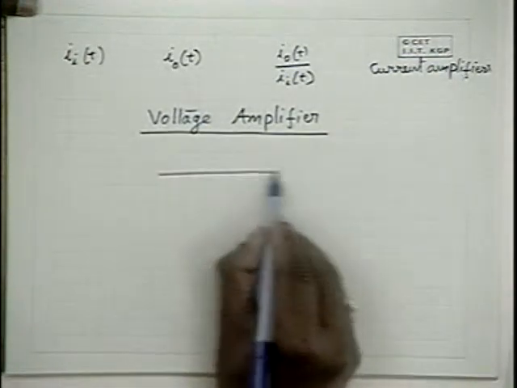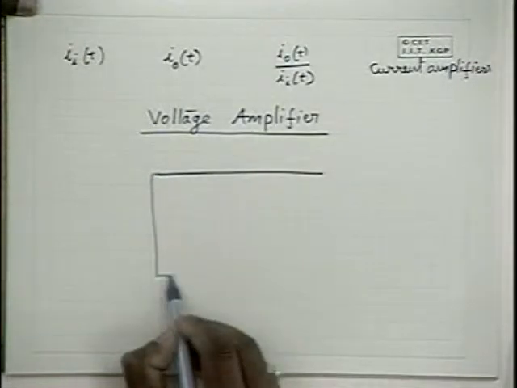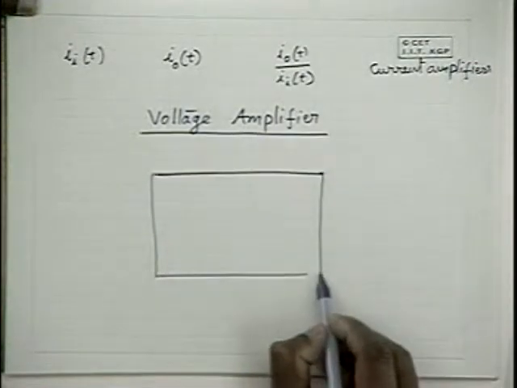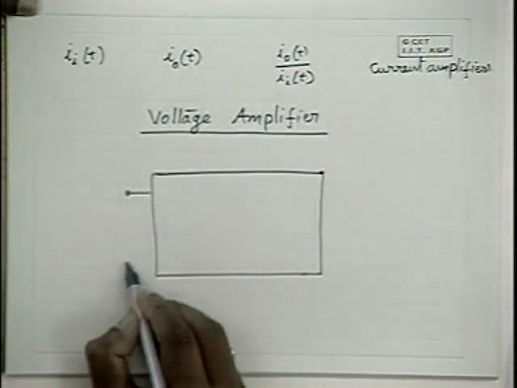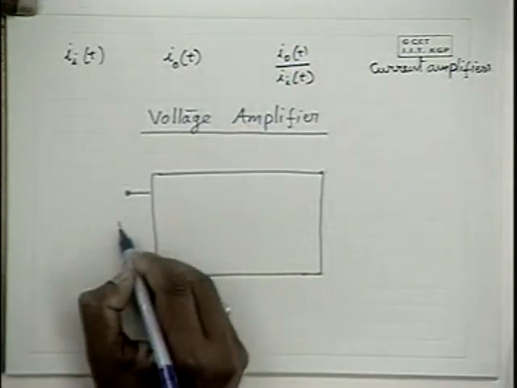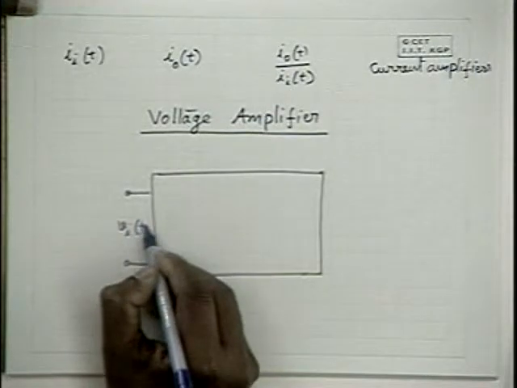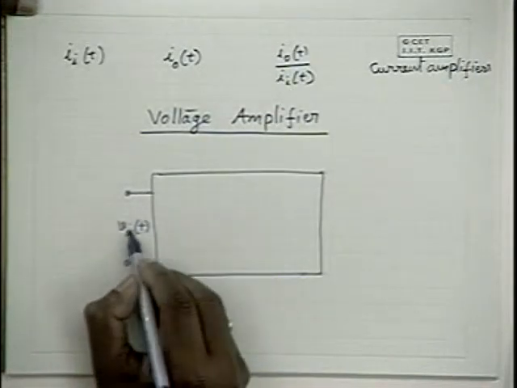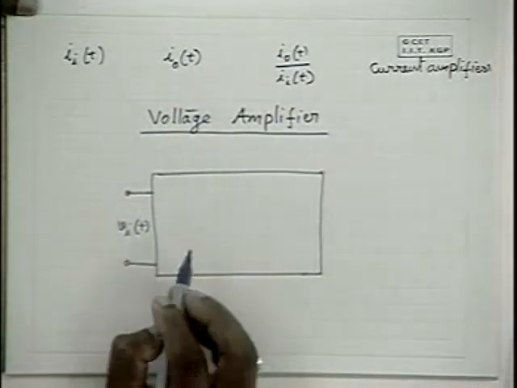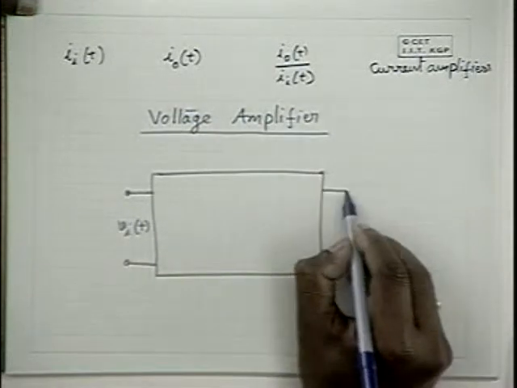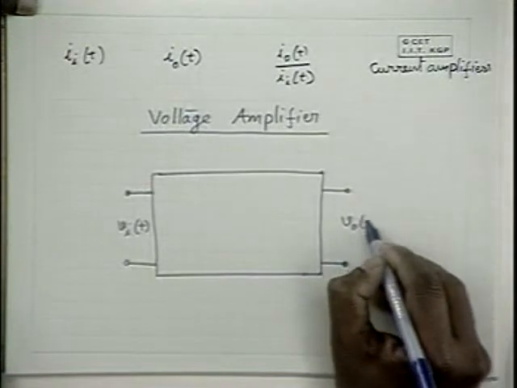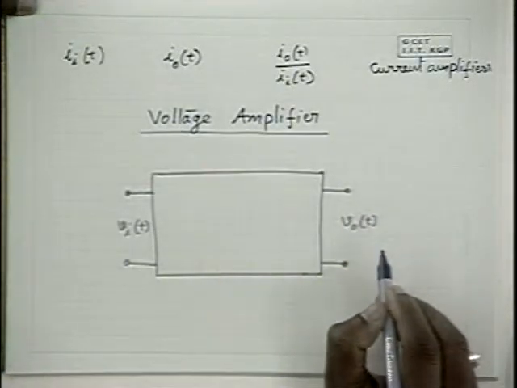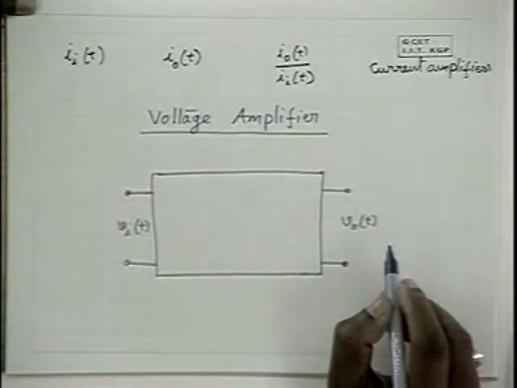Now an amplifier takes an input voltage VIT, and under open circuit conditions it gives you a voltage VOT.